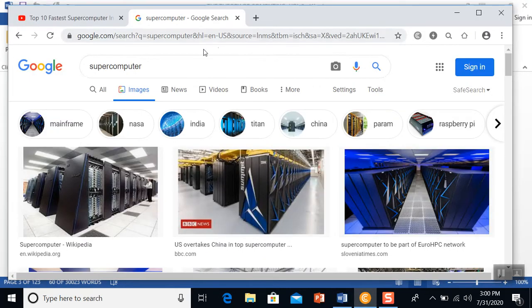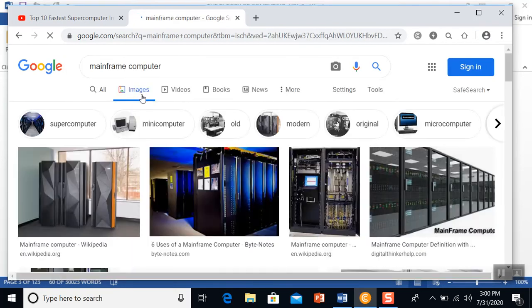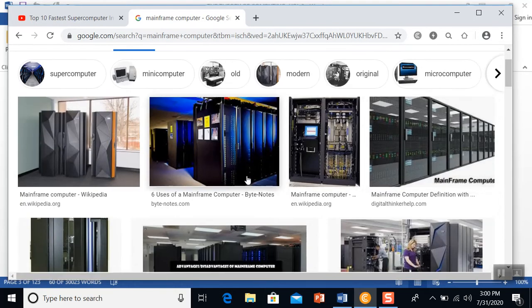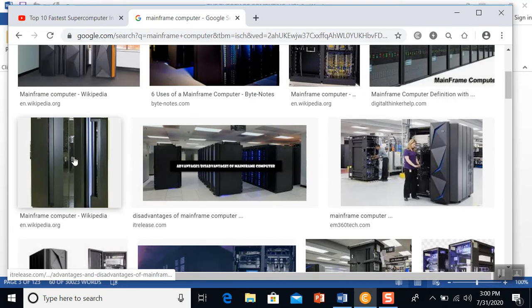Let's check from Google to see if we can see one mainframe computer. So there it is, and similarly they look like supercomputers, but these are far bigger, and one can only fit in one big room.